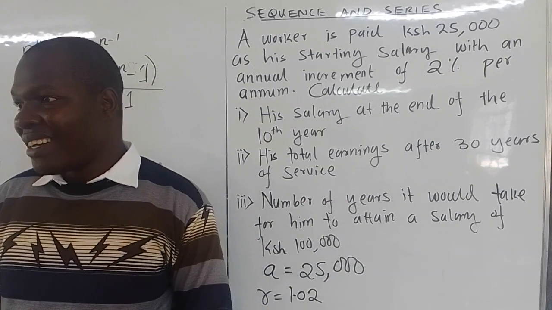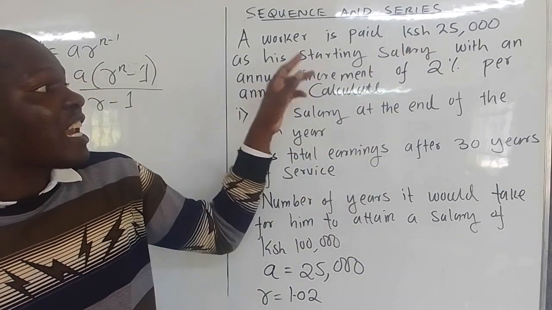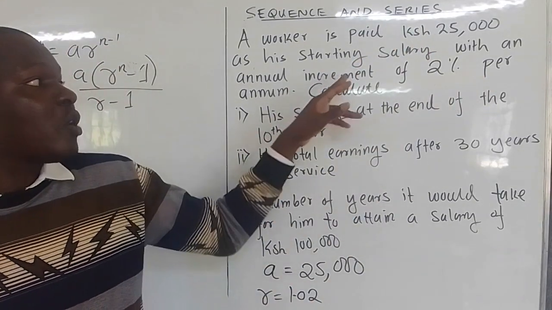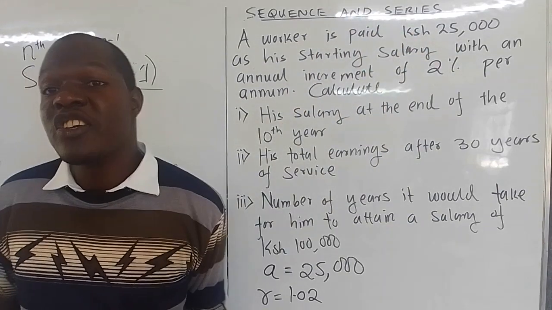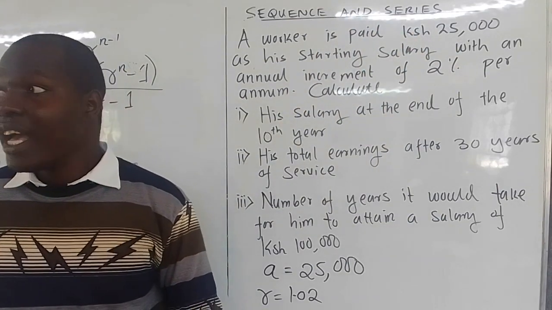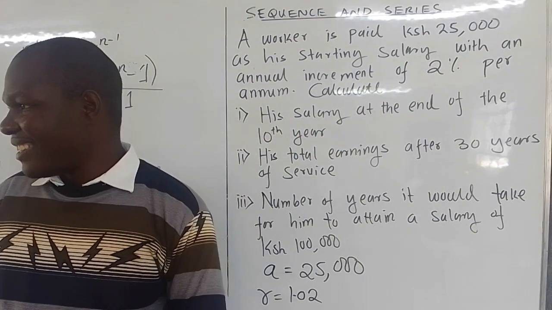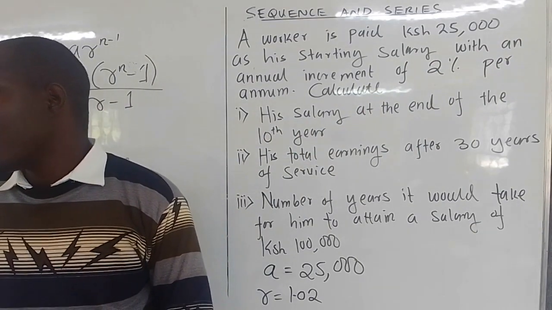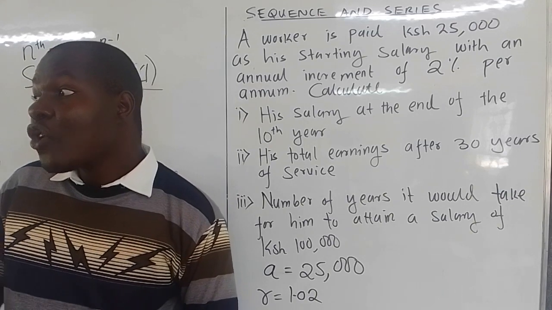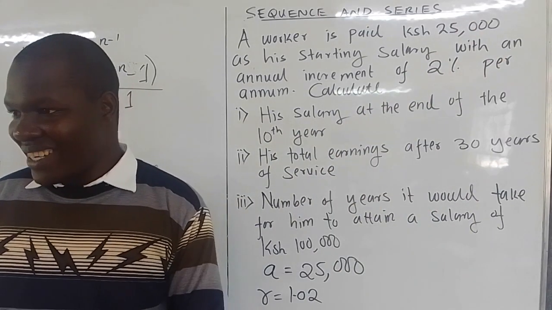Are we together? So when we say a worker is paid 25,000 as the starting salary with an annual increment, meaning we are assuming that this payment is per annum. And then at the end of the first year, this is what the worker is expecting. Meaning at the end of the first year, there is no increment. That is the starting. Are you getting that?